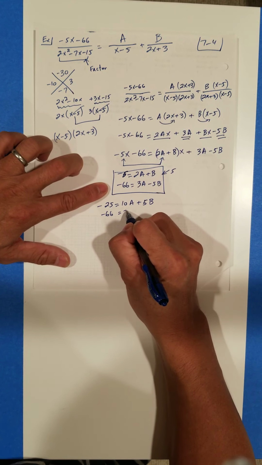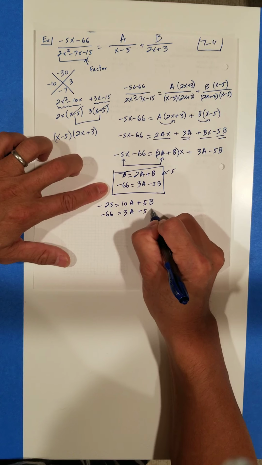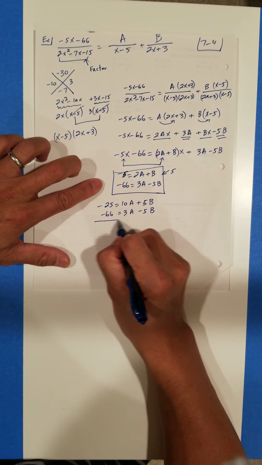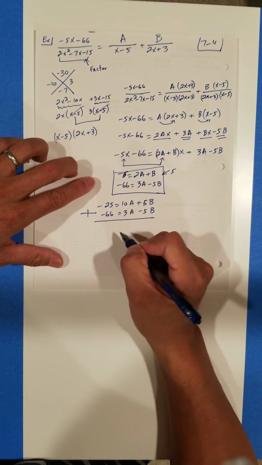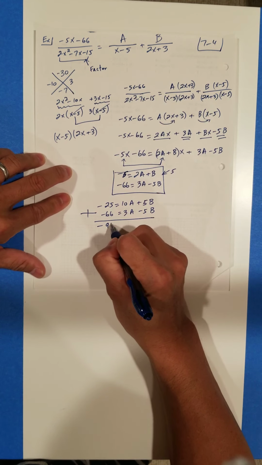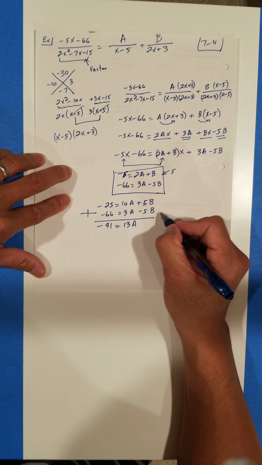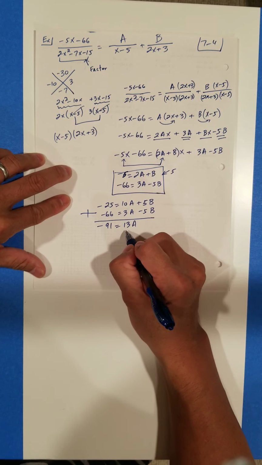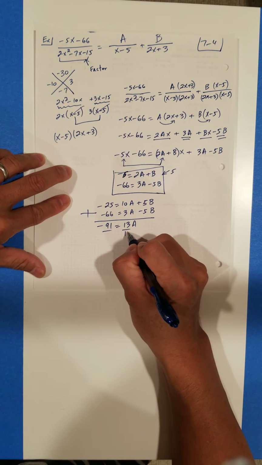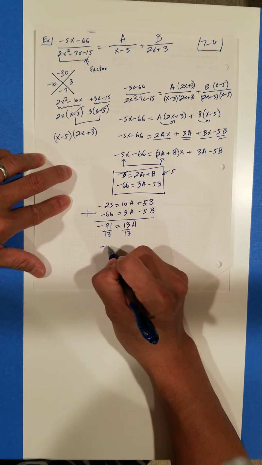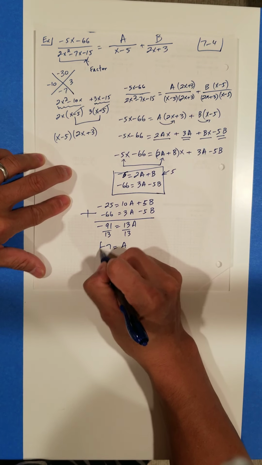I get 3a minus 5b. Now I'm going to add these. I get negative 91 equals 13a. What happens to the b's here? The b's go away. So that means I can solve for a. I'm going to divide by 13. Negative 7 equals a. Perfect, right there.